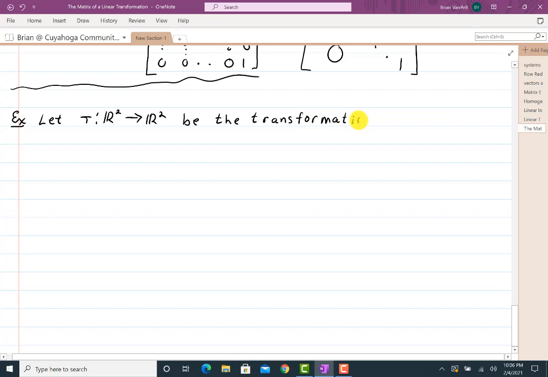Let it be the transformation that rotates each point in R2 an angle theta about the origin.